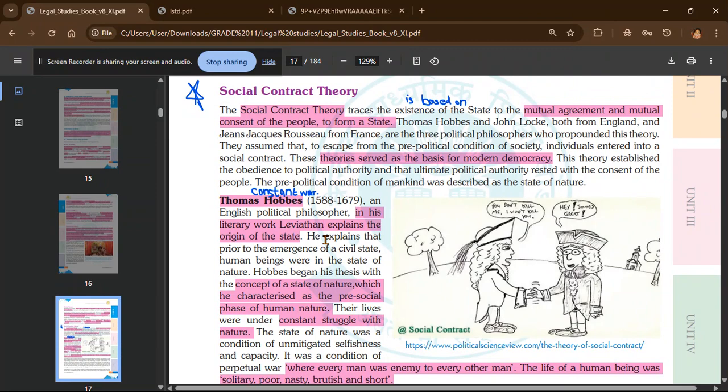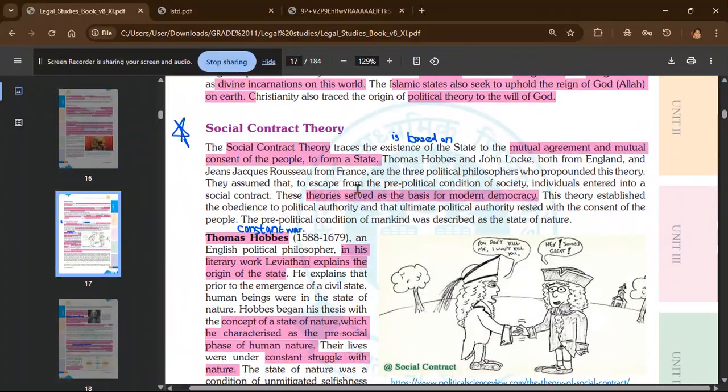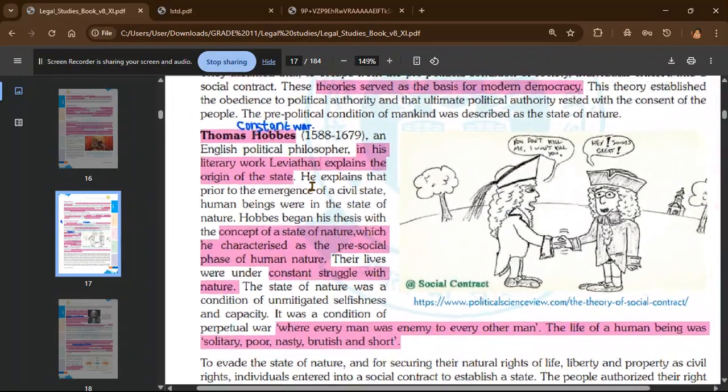Now you have three philosophers and their ways of explaining the social contract theory. John Locke and Thomas Hobbes were from England, and Jean Jacques Rousseau was from France. These three philosophers propounded this theory and gave it a framework. First we'll see Thomas Hobbes.